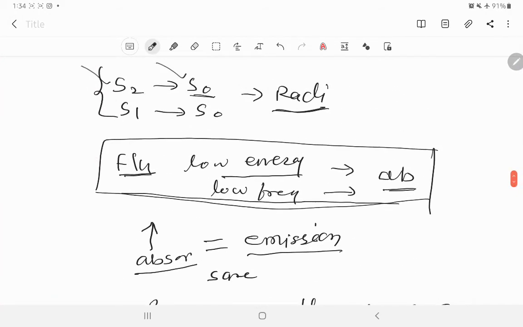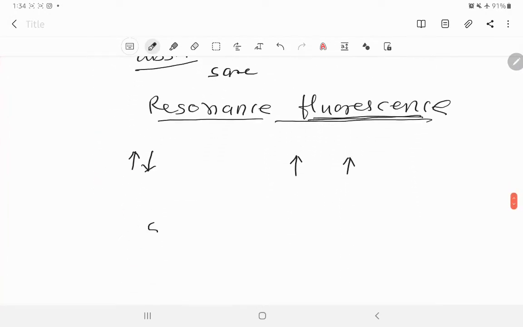A transition from the higher singlet state to the triplet state, S1 to T1, is called intersystem crossing, generally denoted by ISC. What is meant by ISC? It is intersystem crossing, the transition from the singlet state to the triplet state.